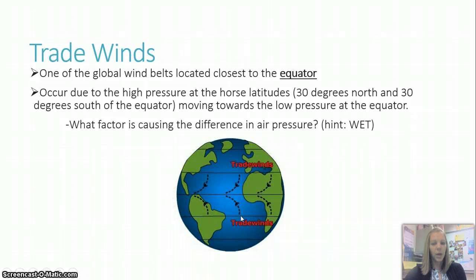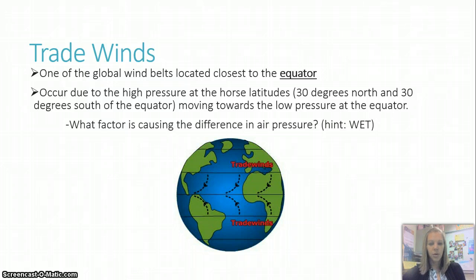Either way, when they start to blow and move towards the equator, they get curved because of the Earth's rotation. And again, that's called the Coriolis effect. So these blow from the 30-degree latitude, either north or south, and they blow towards the equator, and they curve because of the Coriolis effect.